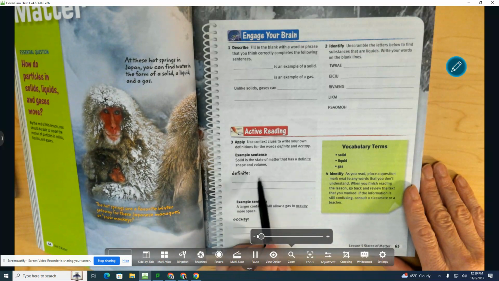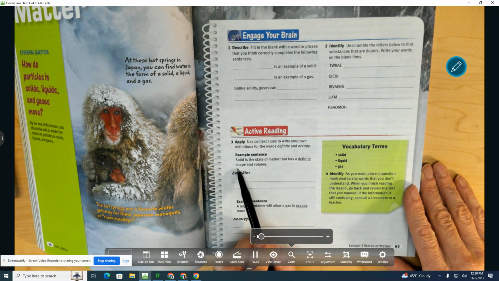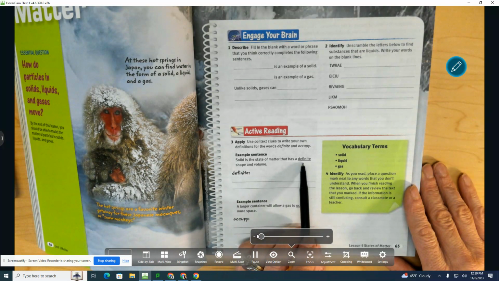Well, we can say that something that has a definite shape and definite volume means that maybe its shape doesn't change, its volume doesn't change. So definite can mean not changing, always the same, with boundaries. Those could be some definitions for definite.